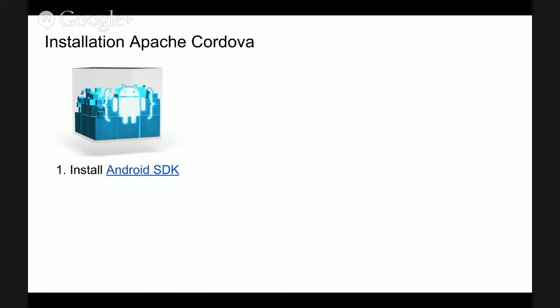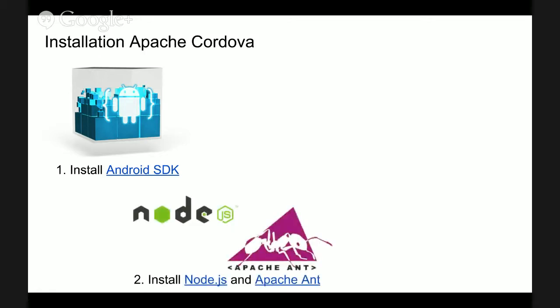Before running any command line tools, you need to install the Android SDK. To create or build a project, you need to install the Cordova command line interface. To install the Cordova command line tools, download and install Node.js and Apache Ant. Node.js applications are written in JavaScript and can be run within the Node.js runtime on Windows and Mac OS.